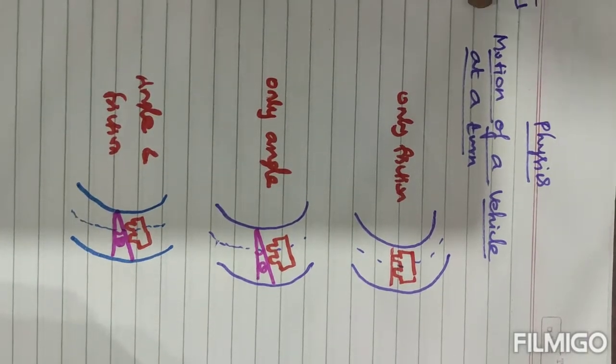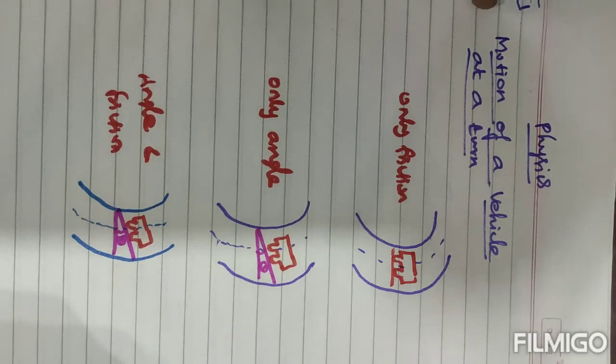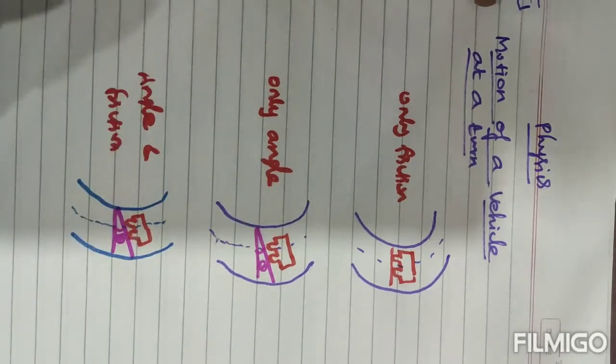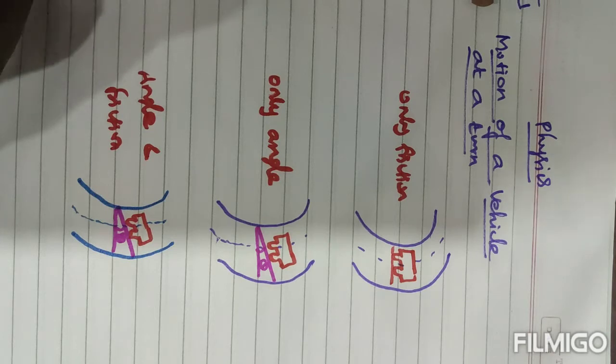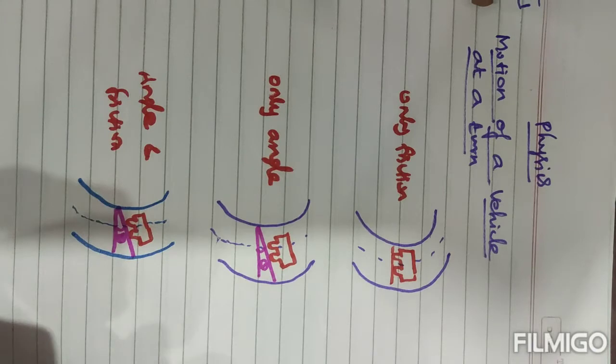Listen students, when you are traveling with your vehicle somewhere, near a school or any other bend, like a hairpin bend, in some places they mention the speed on a board.